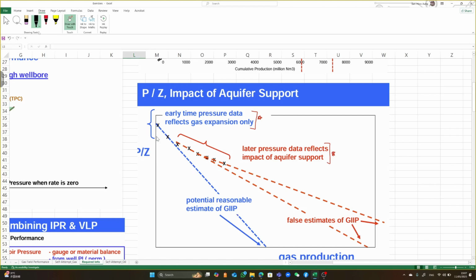So it is important that we know if we are encountering a gas reservoir which has aquifer support, the pressure declining trend could deviate from when it starts to decline. So we must always stick to this trend, which is the start of the reservoir pressure and its initial declination trend.